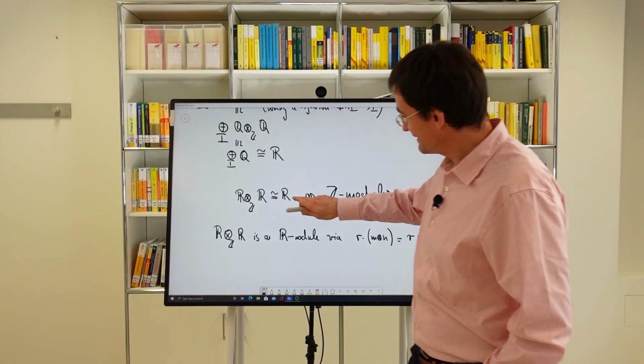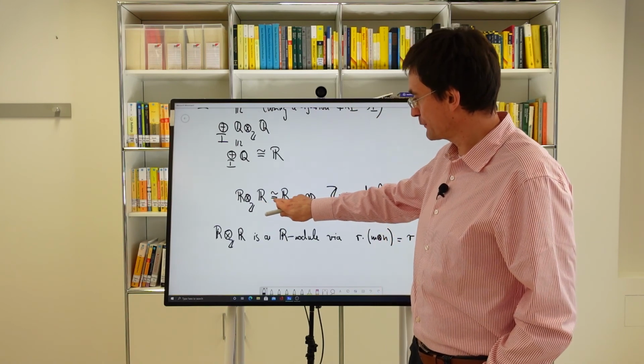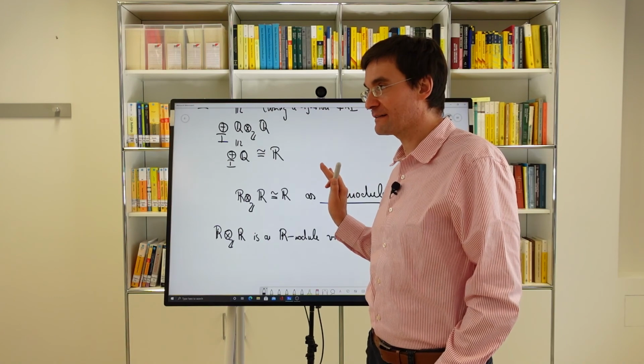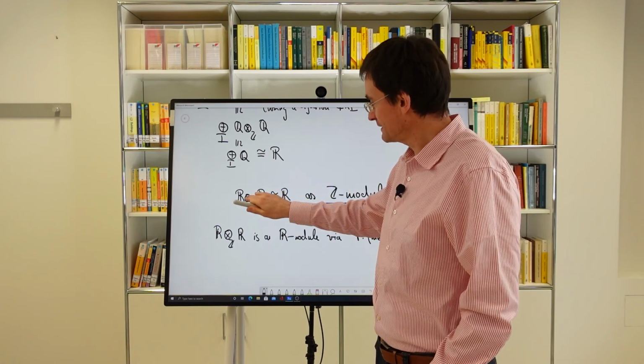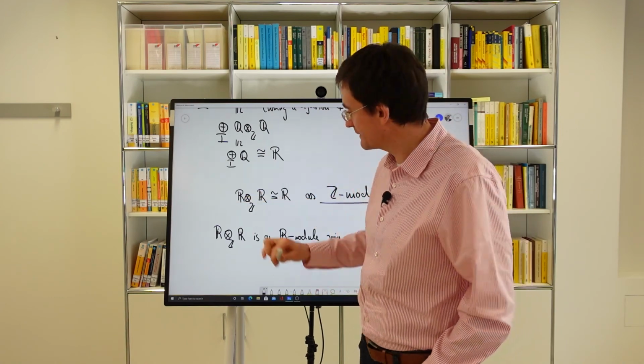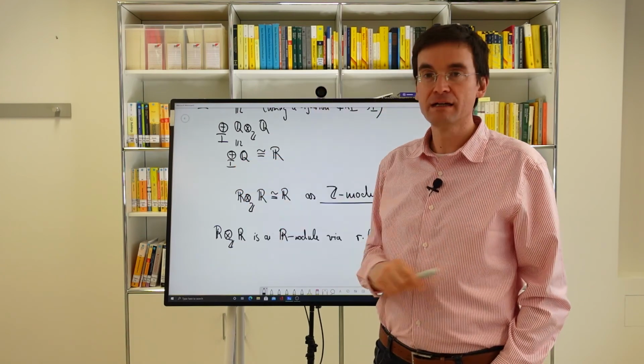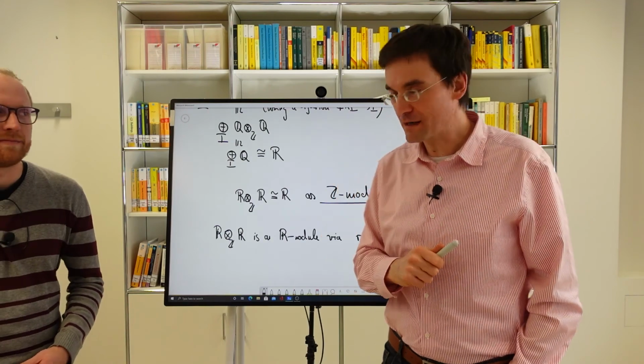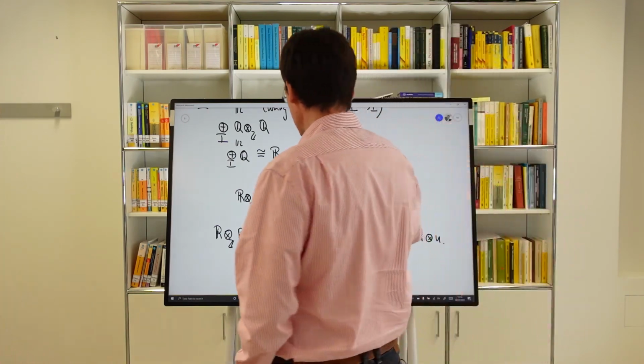And therefore, we can ask whether this isomorphism of Z modules also holds true as an isomorphism of R modules. Are these two R vector spaces isomorphic? Is this just the one-dimensional R vector space? And the answer is no. As R modules, they are not isomorphic.